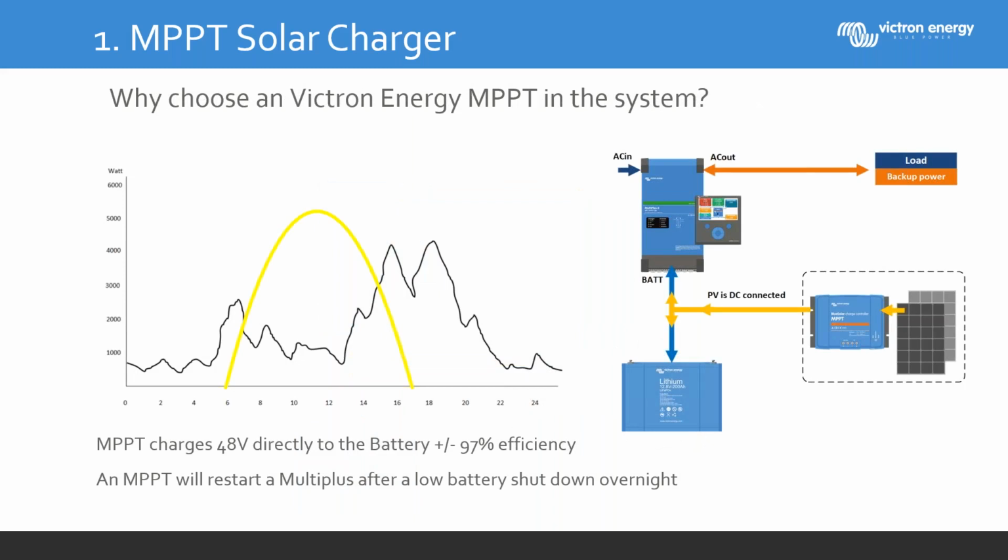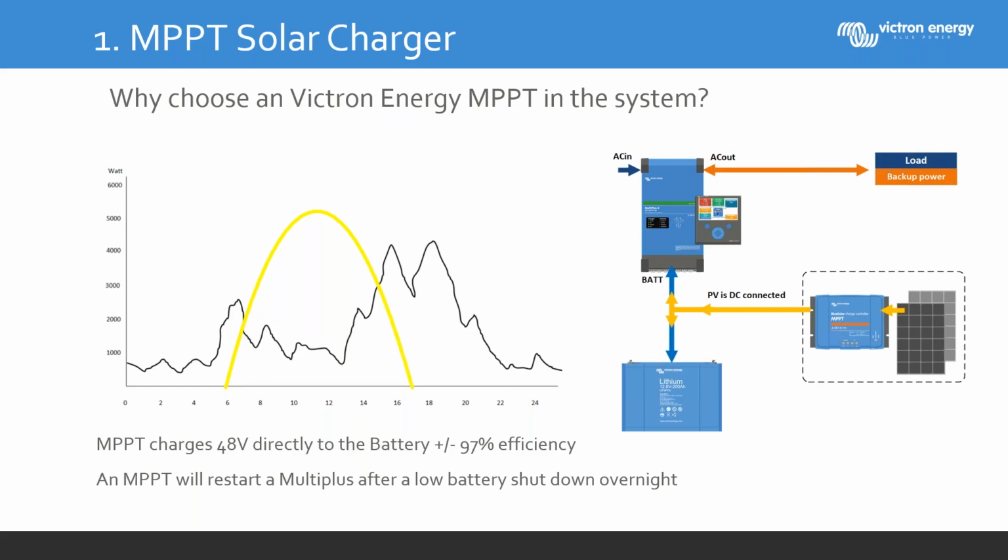What we always look at when you're choosing a Victron Energy MPT in your system, in our training, we always talk about the installer must look at the load profile, because in the daytime, if you don't have a lot of AC demand, then the MPT's job will be to charge the batteries. And that's when it comes into its own, and is very efficient for the battery charging. You can see plus or minus 97% efficient. So in the daytime, all the excess energy will be charged into the battery as efficiently as possible.